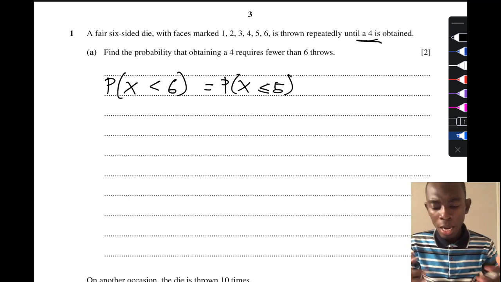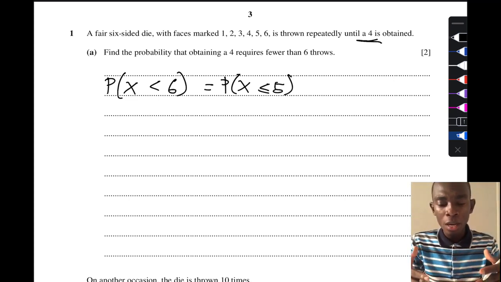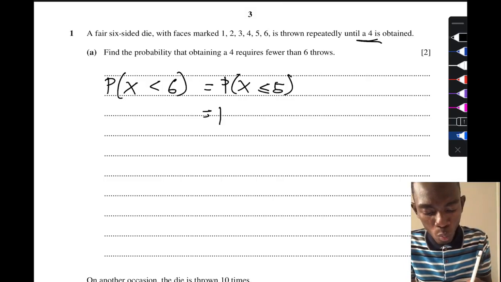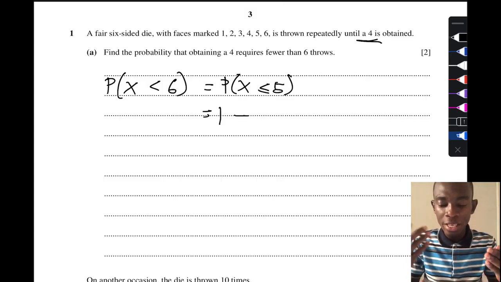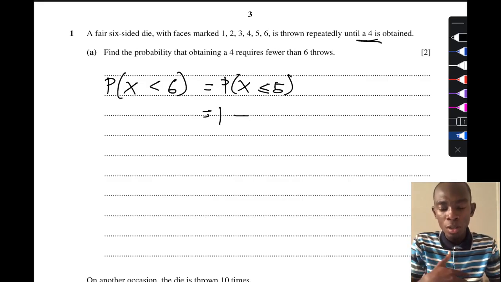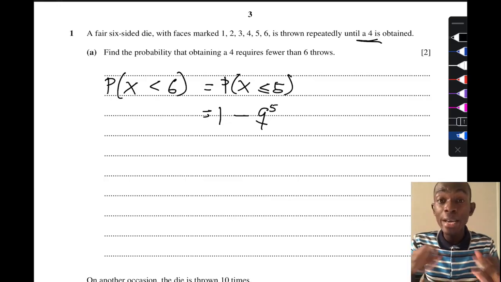Now if you want to find this probability, why don't you just do 1 minus something? What is that thing? Think about it. You are going to have your success on any of these. The shortcut that we normally use is 1 minus q raised to the power 5, where q is the failure.